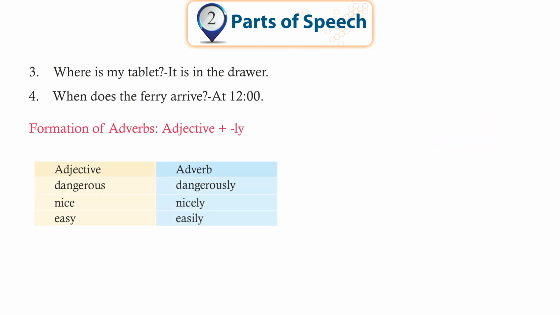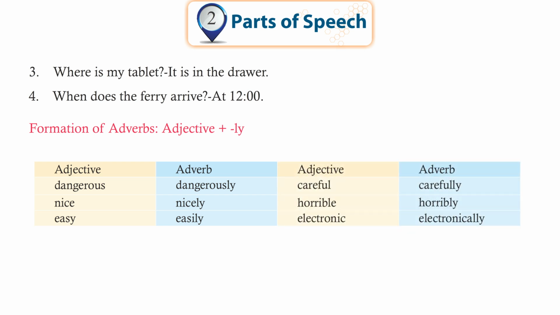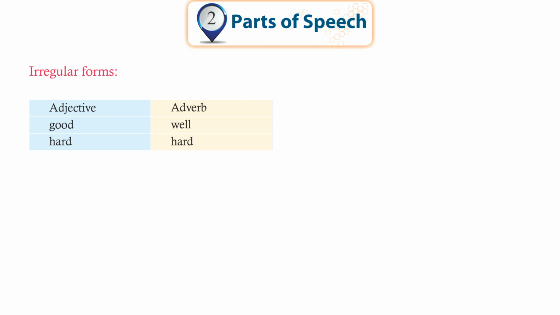Formation of adverbs: adjective plus ly. Adjective, adverb: dangerous, dangerously; nice, nicely; easy, easily; careful, carefully; horrible, horribly; electronic, electronically. Irregular forms. Adjective, adverb: good, well; hard, hard; fast, fast.